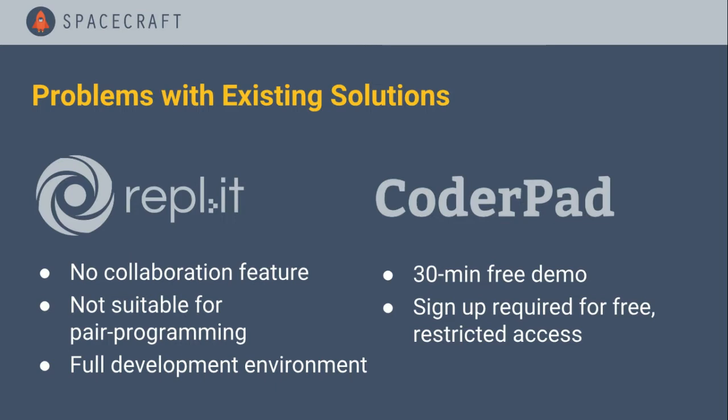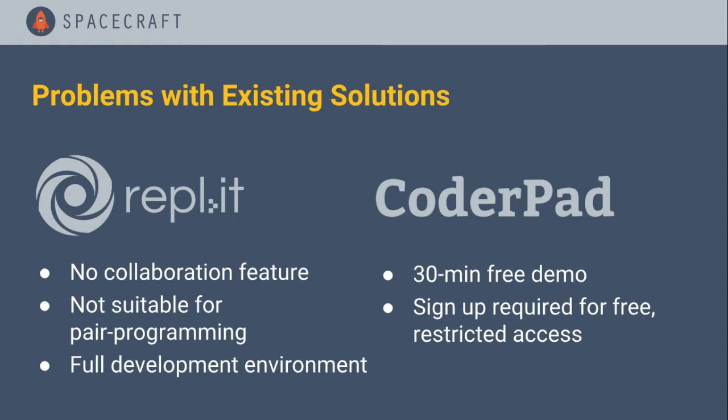However, they don't have a collaboration feature, which makes pair programming impossible. While they are a full development environment, we're not focusing on that. We're building a single page, single session REPL and collaborative environment. REPL.it has all these problems that we're trying to solve.